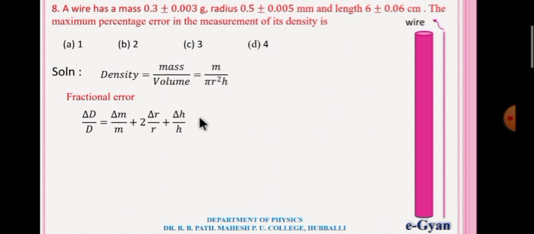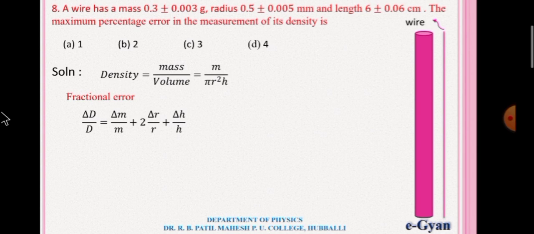Okay, in the given equation, delta m is 0.003, delta r is 0.005, and delta h is 0.06. M is 0.3, r is 0.5, and h is 6.